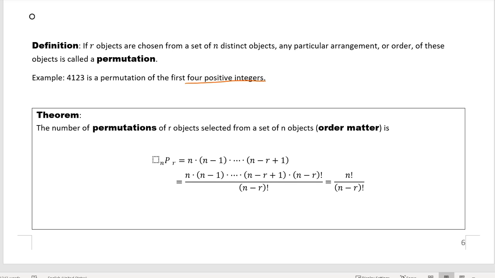So the first 4 positive numbers are 1, 2, 3, 4. By the way, if we use set notation, the elements in a set don't repeat. So you cannot put 1, 1 in a set. That's not allowed. And the order of elements in the set does not matter. So this is the same as 2, 3, 4, 1. So the order does not matter for sets.